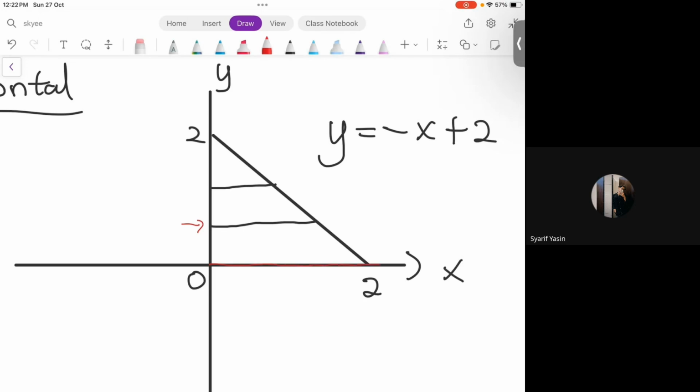At this position, y equals 0. When I move it up, it will stop here, at the position where y equals 2. So everybody agree? You agree?